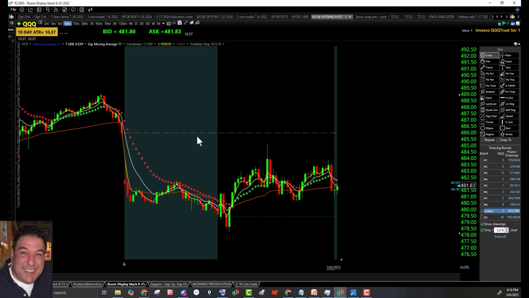So if you're long SPY and you're coming into a volatile event, what I like to do is short QQQ. That way I kind of neutralize the position. If it goes down, then QQQ gains in value, but SPY will lose in value.